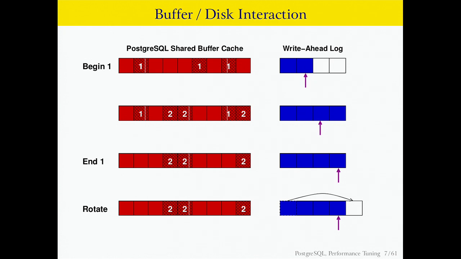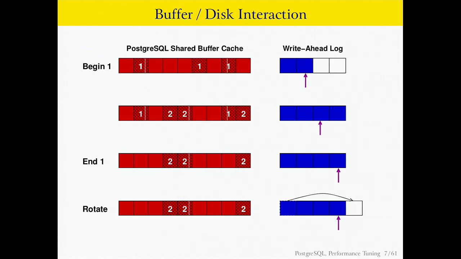What are these ones and twos in this block? The ones are the pages that were dirtied at the first checkpoint, and the twos are the pages that were dirtied at the second checkpoint. So when I start checkpoint 1, I've got 3 dirty pages.